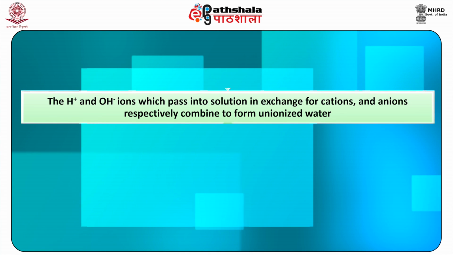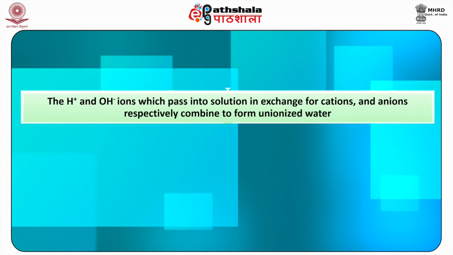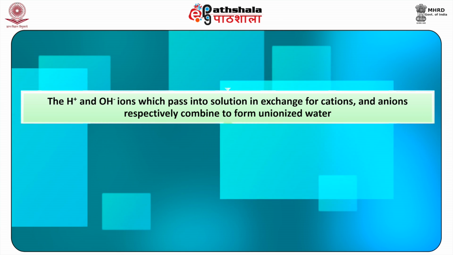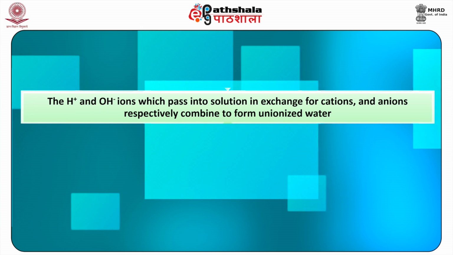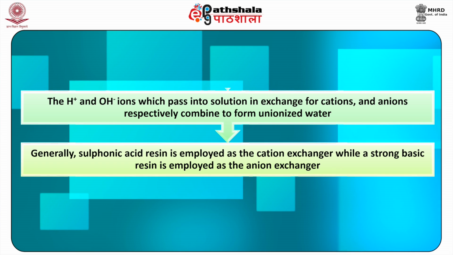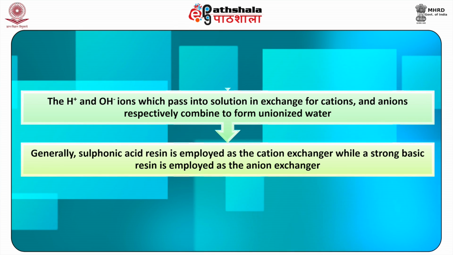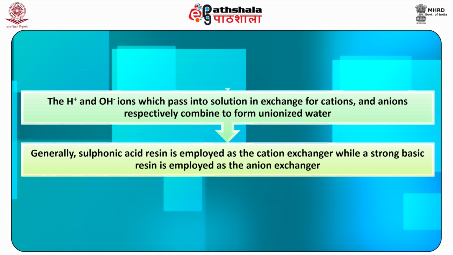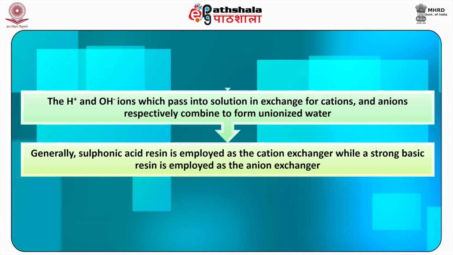The H plus and the OH minus ions which pass into the solution in exchange for the cations and the anions respectively combine to form the unionized water. Generally, sulfonic acid resin is employed for the cation exchangers while a strongly basic resin is employed as an anion exchanger.